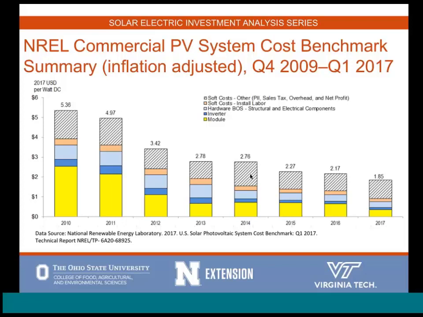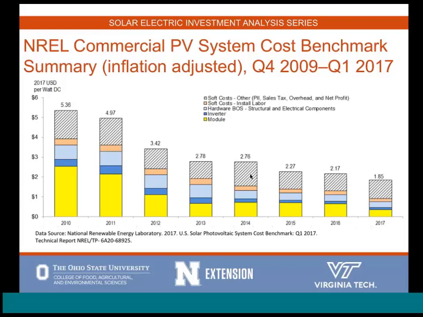Back in 2010, we were at $5.36 per DC watt installed cost. That covers your equipment, the installation costs, as well as soft costs like permitting. To see that in 2017 we're down to $1.85 per DC watt is really amazing.